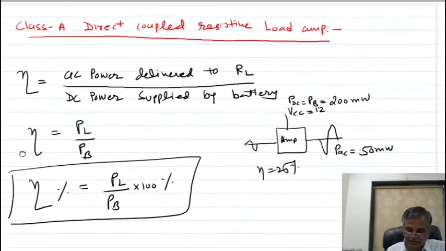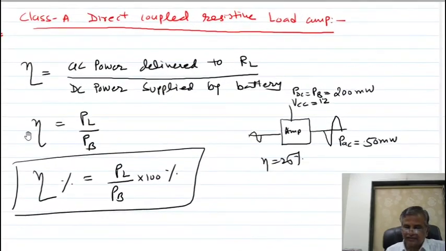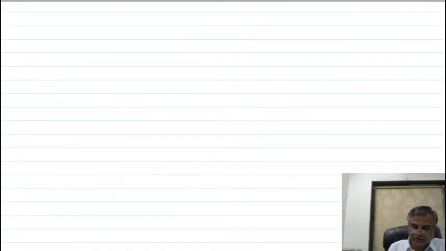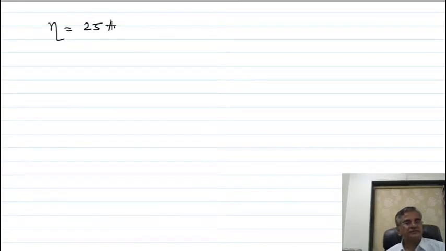Now here I have written class A direct coupled resistive load amplifier. All of you know the efficiency of class A direct coupled amplifier is how much? 25%. Only 25%. It means it is very low.